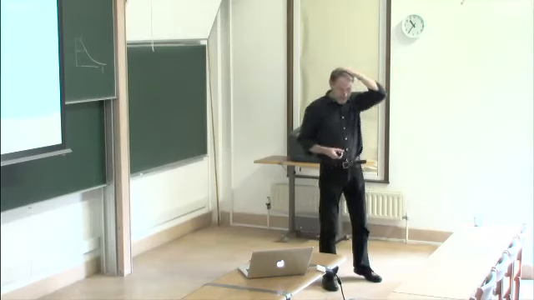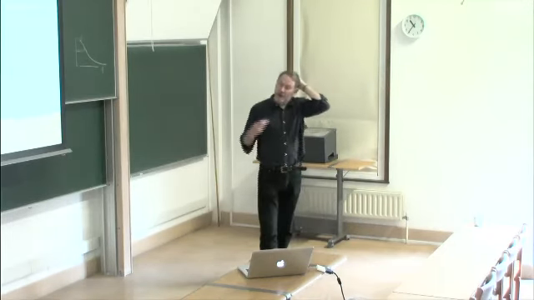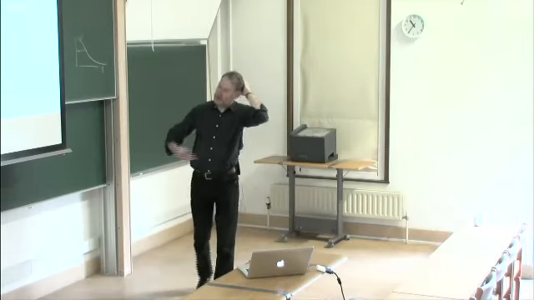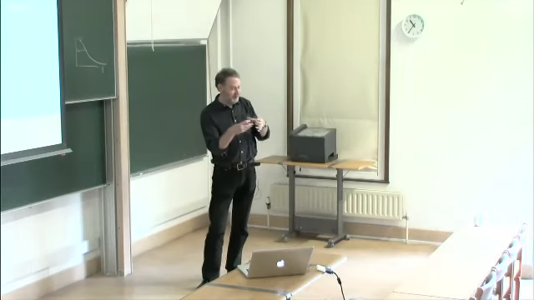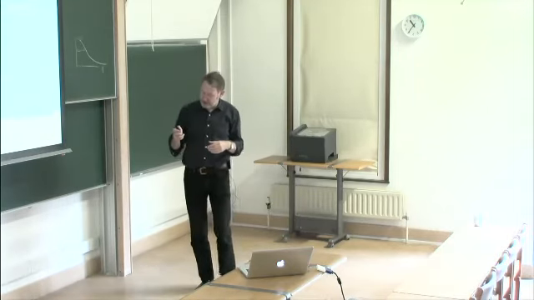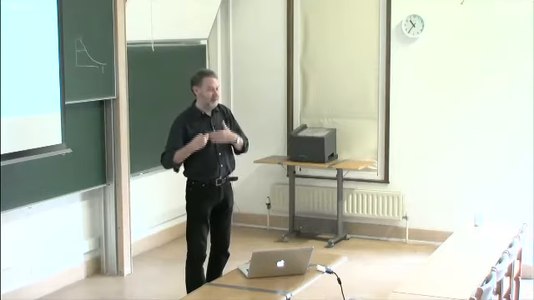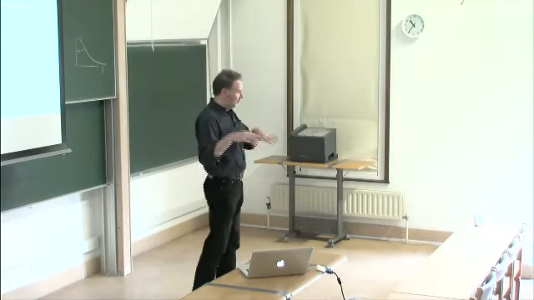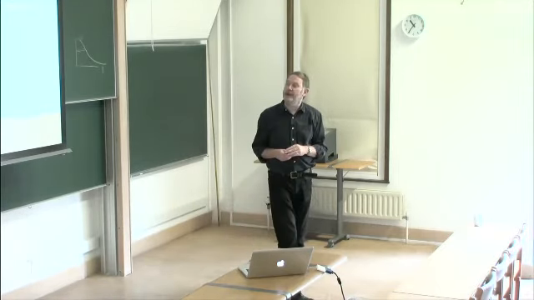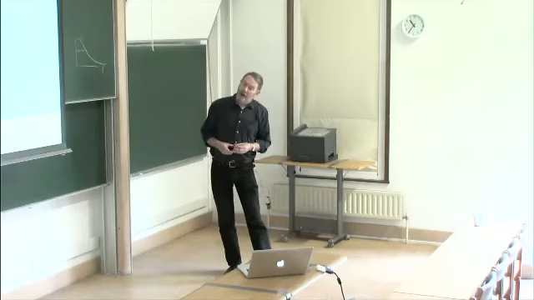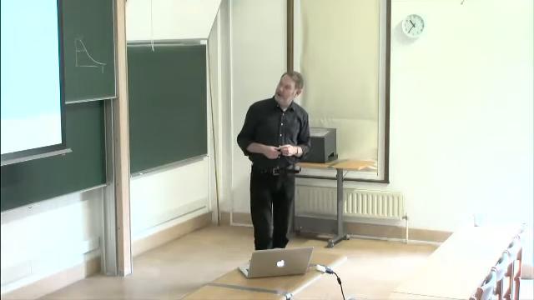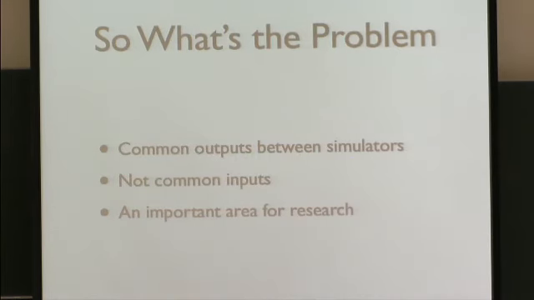Because they're not designed. The groups around the world put a lot of work building these models, and they generally run them at their best estimate. There is no coordination of what that best estimate is. I think it's hard to work out what the best estimate should be because the models have different inputs.